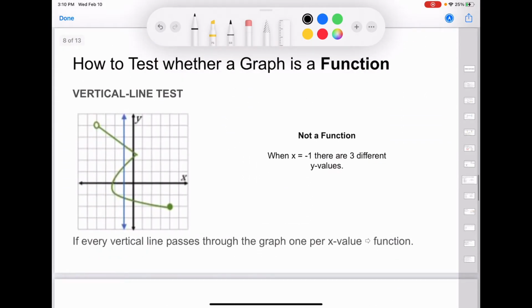Now we're going to look at how to determine if we have a function in a graph. Well, in order for us to have a function in a graph, the graph needs to pass the vertical line test. And the vertical line test basically shows us that for every x, there is exactly one y, like we looked at before.